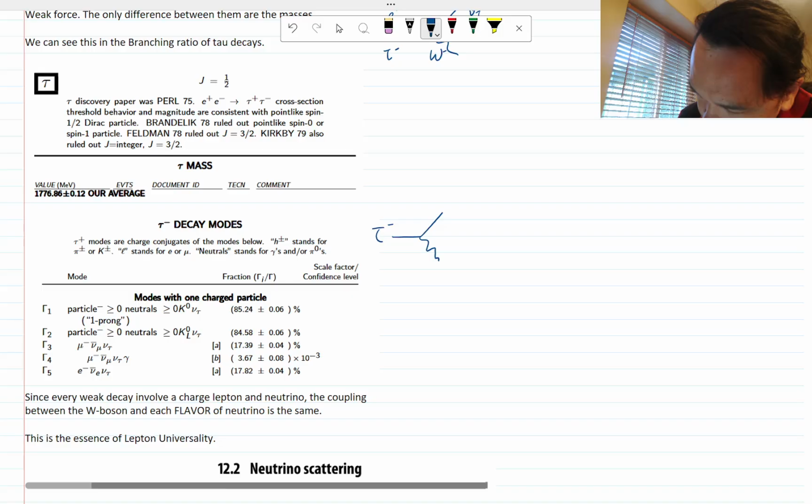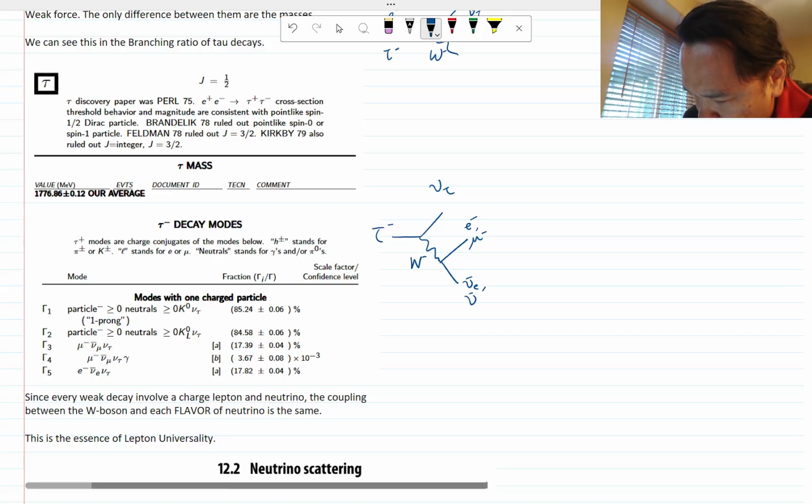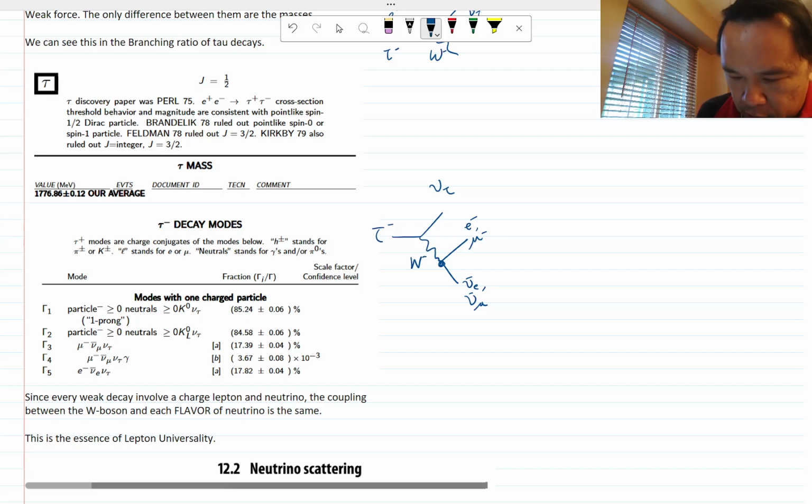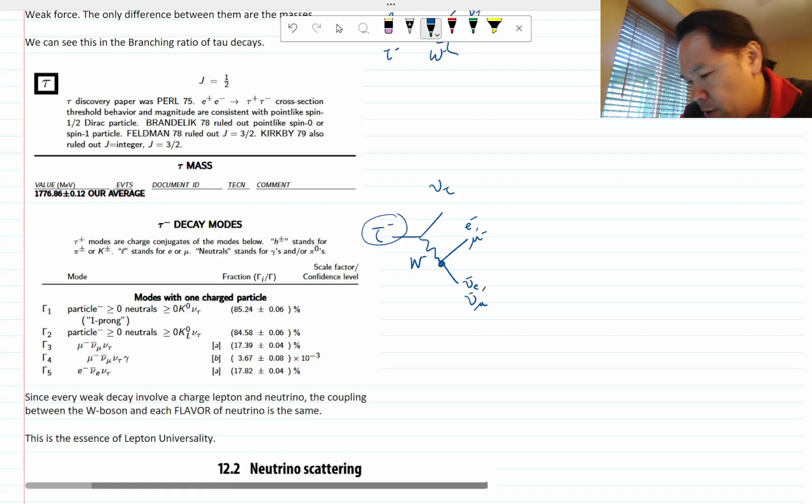It decays into a tau neutrino, and then you have a W minus here, and this W can decay into an electron or a muon, with the corresponding antineutrino. So this vertex does not actually care whether it decays into an electron or a muon. And what you see is that in this type of decay, the rest energy, the mass of the tau, is much bigger than both the muon and the electron.